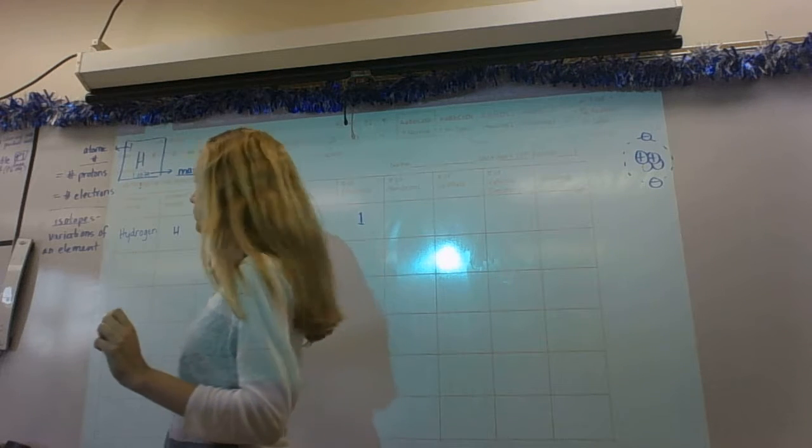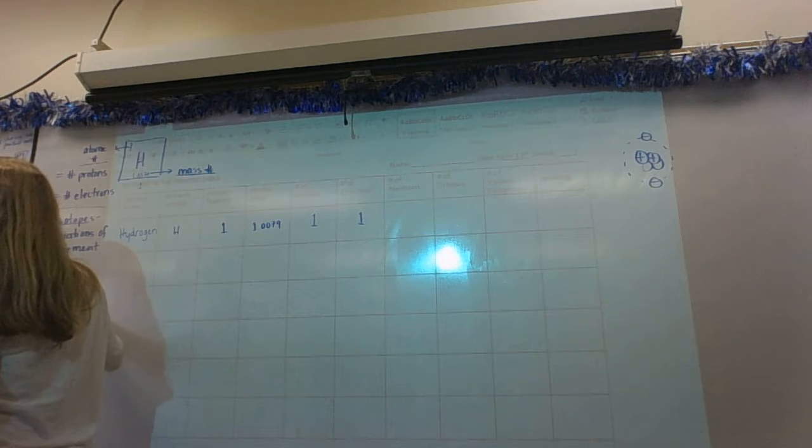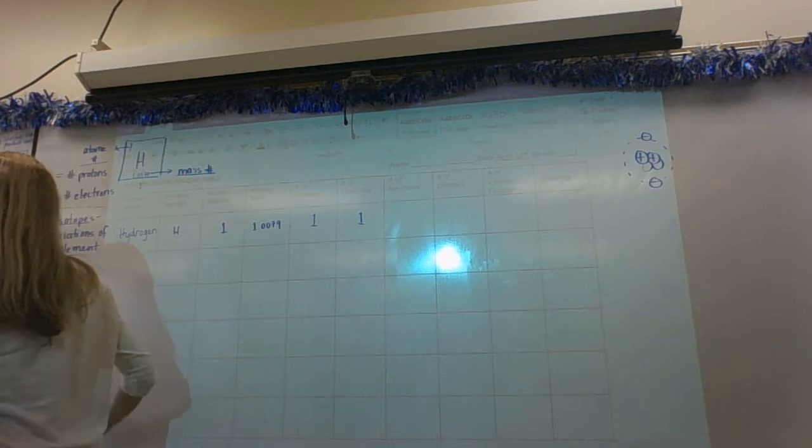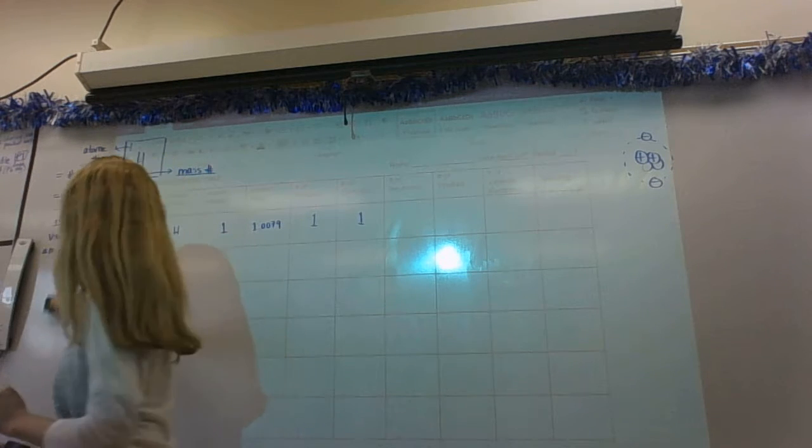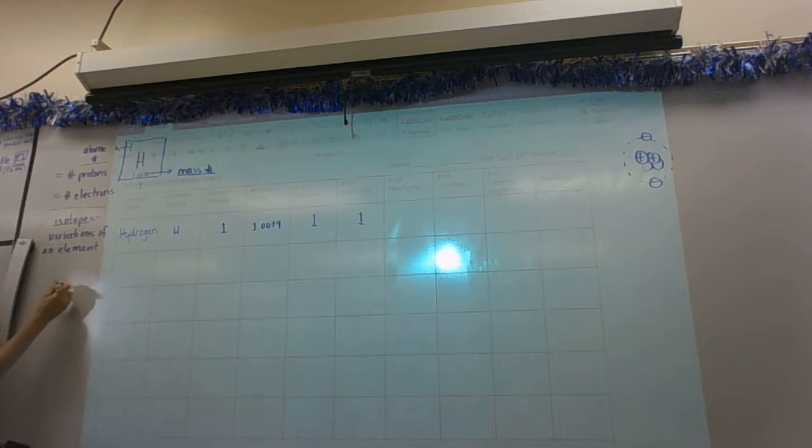But what can change is the number of neutrons in an atom. For example, hydrogen is always going to have 1 proton no matter what. But there are actually 3 variations of hydrogen. One has no neutrons. Here's just a little electron up here.